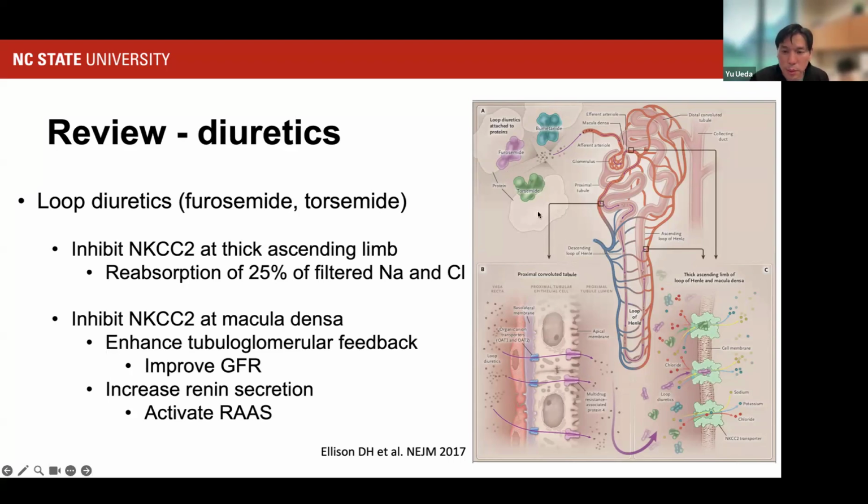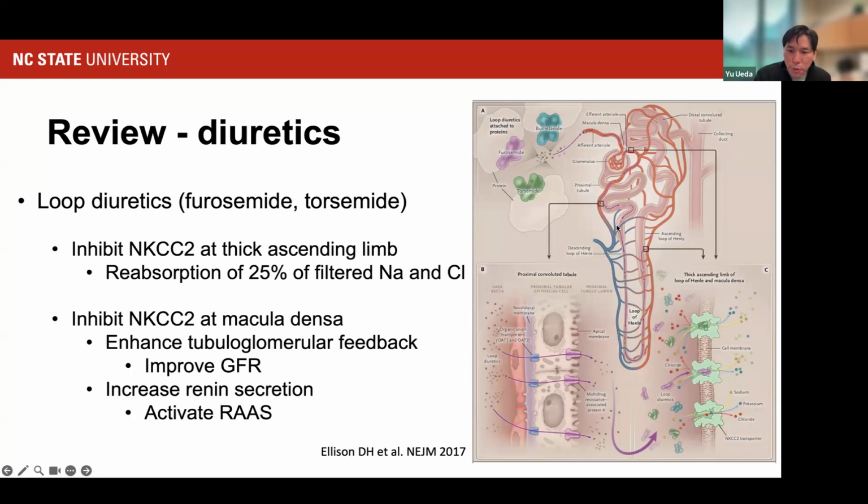As I review, furosemide and torsemide, these loop diuretics, are usually bound to albumin and proteins, so they are not filtered through the glomerulus. They are delivered through the afferent arterioles, glomerular capillaries, and the efferent arterioles, and go to the peritubular capillaries. Eventually, at the peritubular capillary at the proximal tubule, furosemide is released into the tubule lumen through the organic anion transporters, OAT.